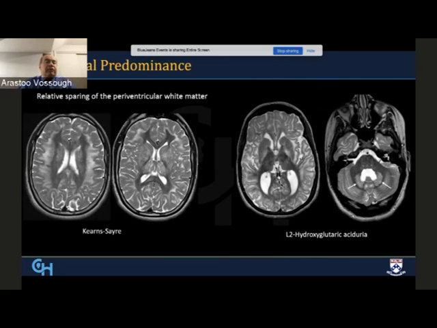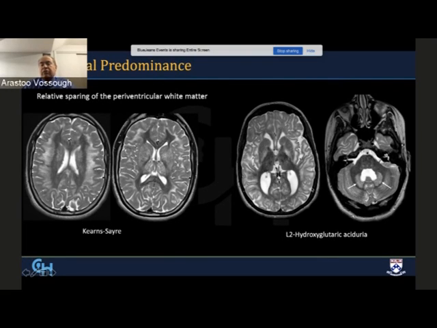This is another pattern of predominantly subcortical predominance and almost relative sparing of the periventricular white matter. This is a Cockayne syndrome patient, in which we can see these prominent subcortical abnormalities with almost a tigroid pattern, but with predominant relative sparing of the periventricular white matter.